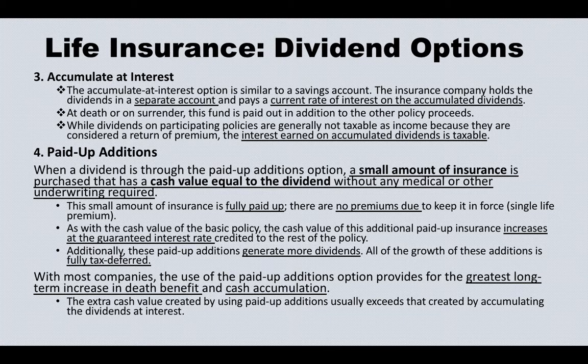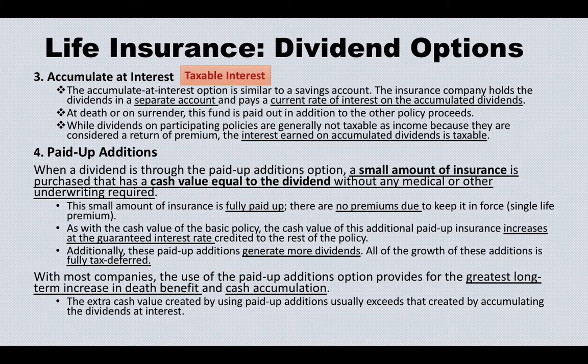However, later in your life, the cash value gets bigger, so then you may get more dividends. Then you use this paid up addition, so it's dividends earning dividends. I guess it's a really great way to increase the cash value of your policy.